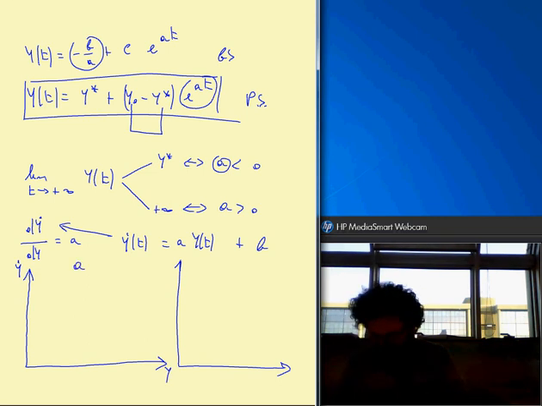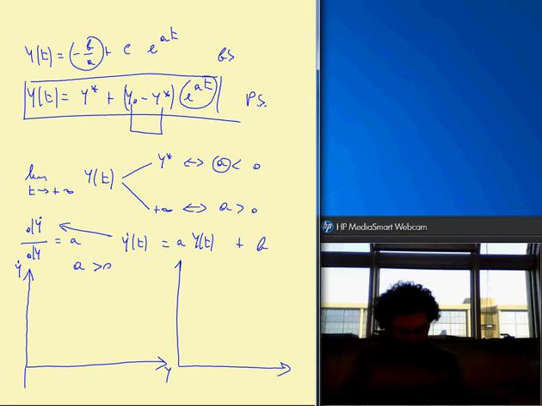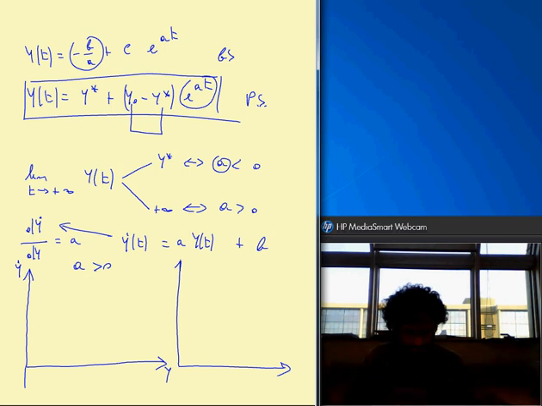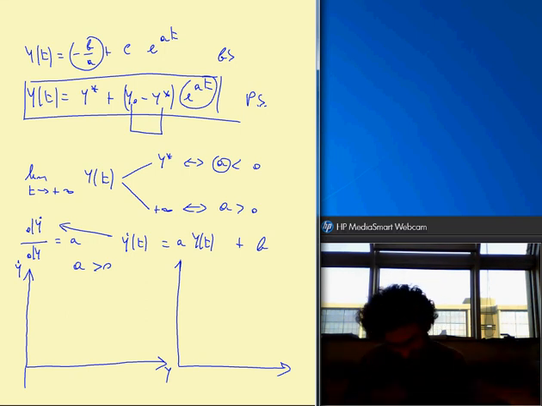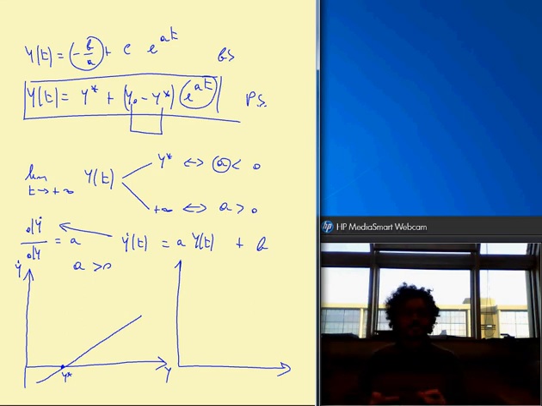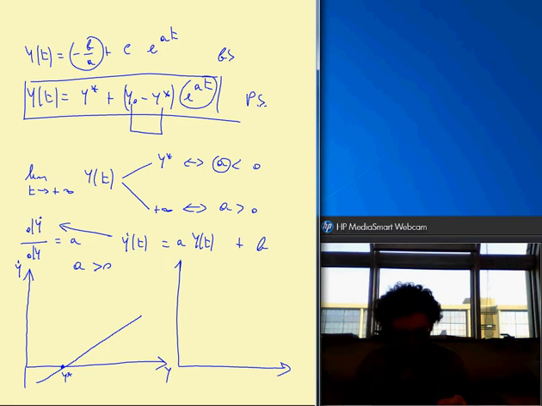If a is greater than 0, this function will be increasing, because the derivative is positive. This is y star, because for y equal to y star we have steady state, so y dot will be equal to 0.